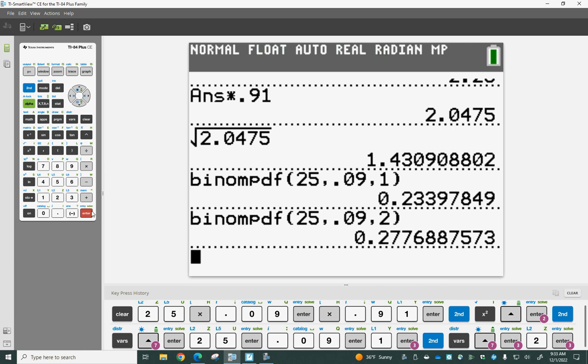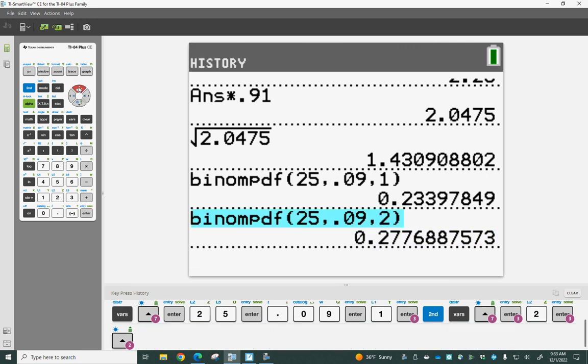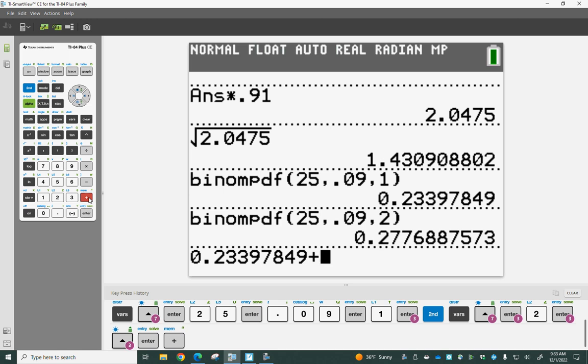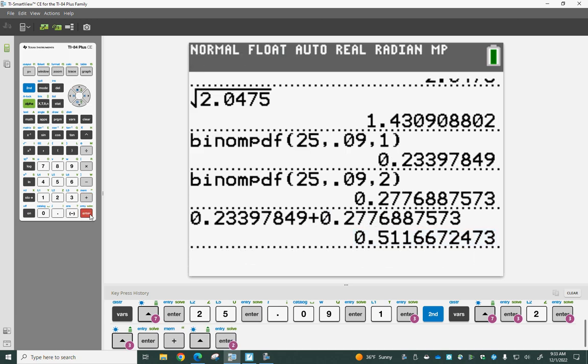And so before I do any rounding, I am going to just add those 2 probabilities together. And so I get a final probability of 0.5117. We'll do 4 decimal places.